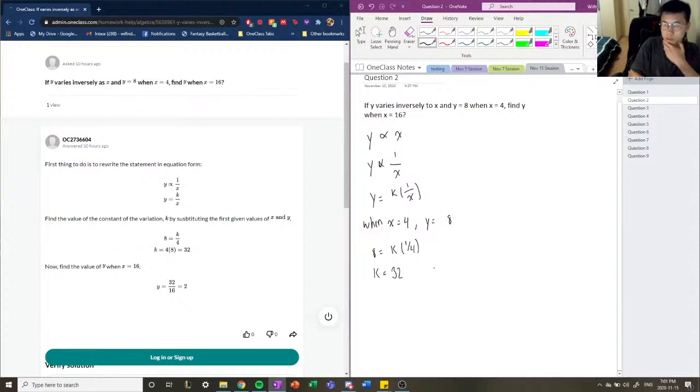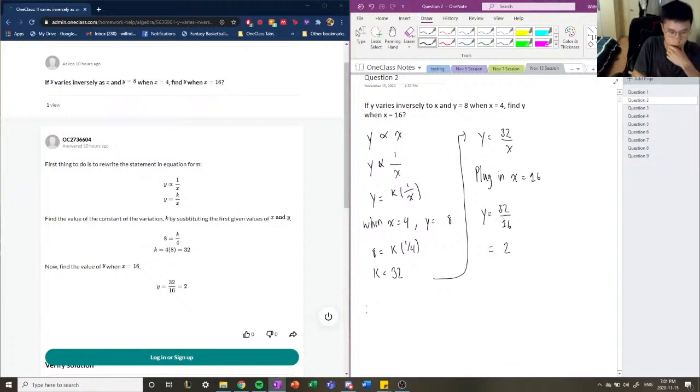Okay. So now we have found our constant k. So now we know that y equals 32 over x. Okay. So now that we have this equation, we can plug in x equals 16. And we get y equals 32 over 16, which equals 2.